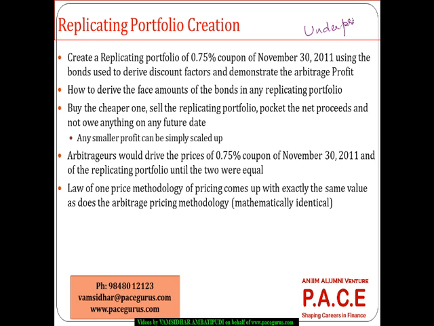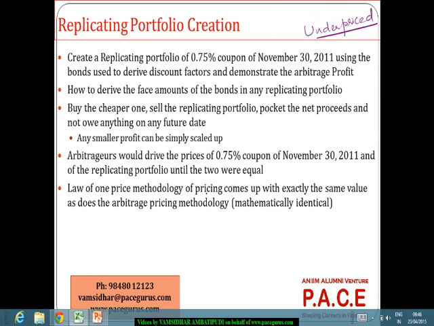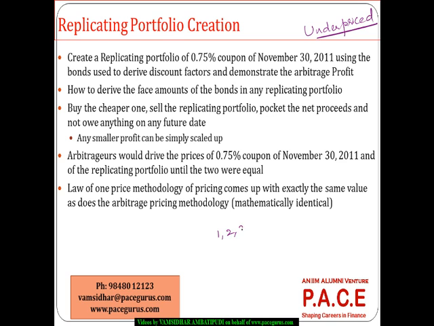We have already come to a conclusion that it is underpriced. Now, I'll try to create a replicating portfolio using the three bonds. Here I'll take these three bonds because these three are the ones that are maturing up to that particular period. So I'll take bonds 1, 2, 3 from this Excel spreadsheet and create a replicating portfolio for this.